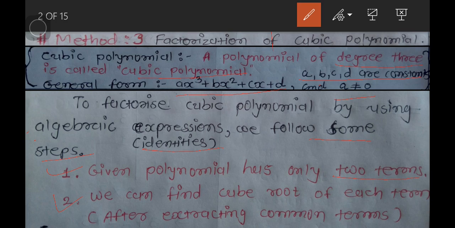If there are common terms, then we first extract them from the polynomial, and after that we go for method number 3. And we have to note that the given terms should have cube roots, so we can use this method. Following these two steps, we can use method number 3 to factorize a cubic polynomial.